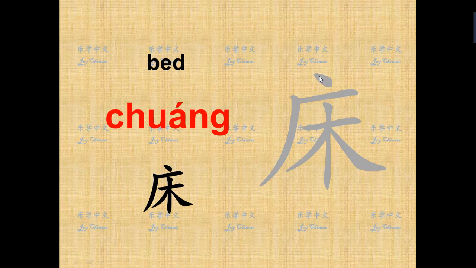It actually has a cover on the left side and another character on the right, but it's covered the top. So the way it's written is again from the top to the bottom, from the left to the right.